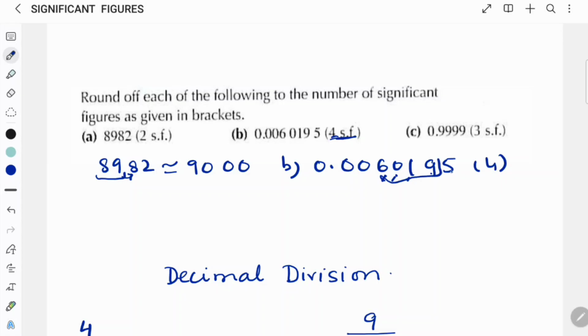The next number is 5, so this is 19, obviously, so you can write down 20 and then 0.00 here. This is the 4 significant figure answer. Just recall all of them, and you can easily understand how many significant figures the given number has and how to round it off.